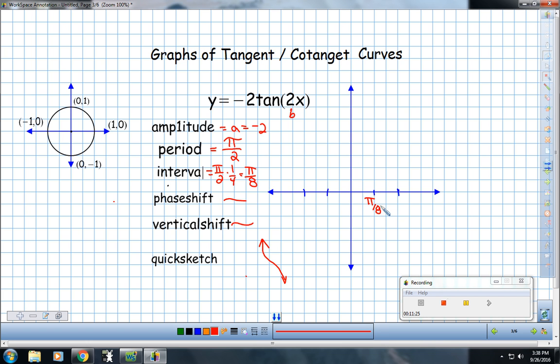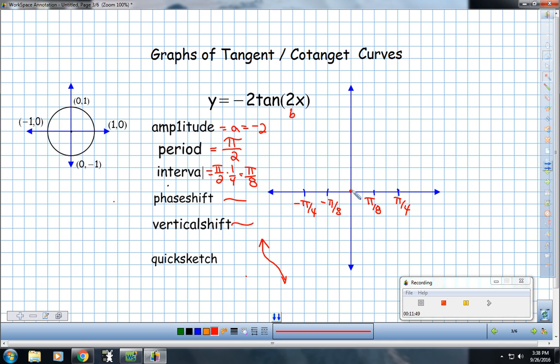So pi over 8, 2 pi over 8, which is pi over 4. And then in the other direction, negative pi over 8, negative 2 pi over 8, or negative pi over 4. This is a tangent curve, which we know is going to be half on the positive x and half on the negative x.